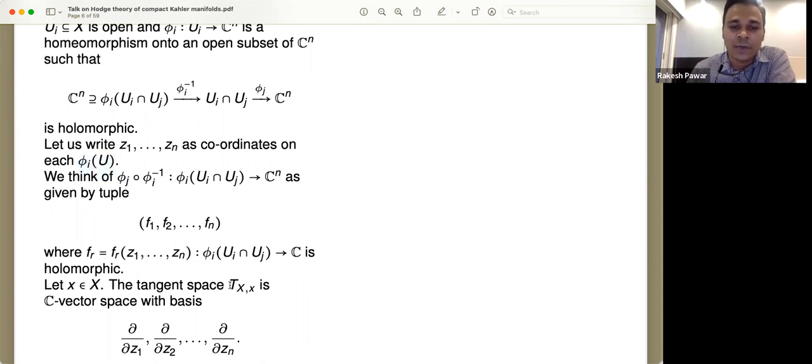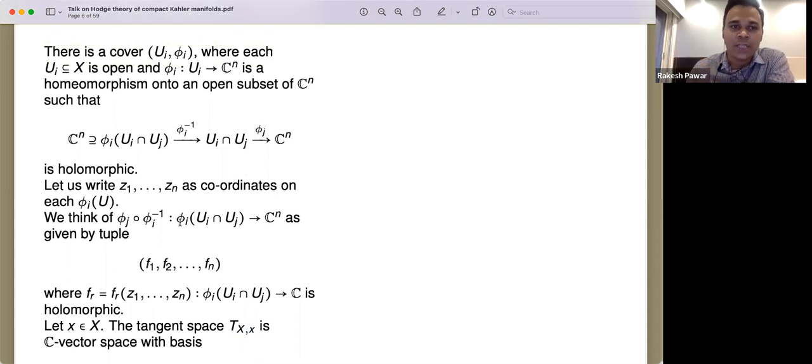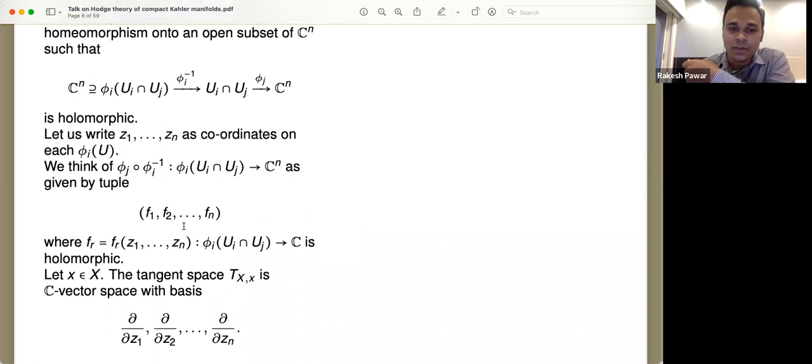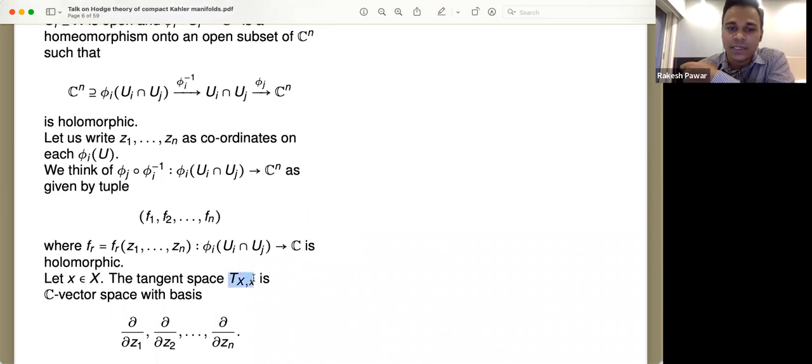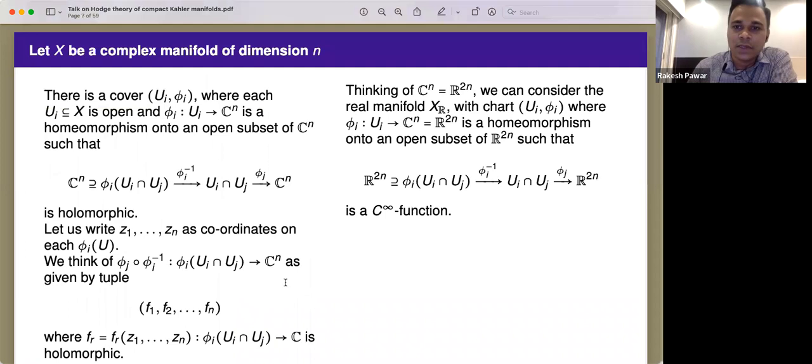Okay, so we want to think about the tangent space, which is a complex vector space with this basis over C. And on the other side, we want to think about the complex manifold as a real differential manifold, where we want to think about this T_xX, which is a complex vector space a priori, as a real vector space with a different basis. Okay.